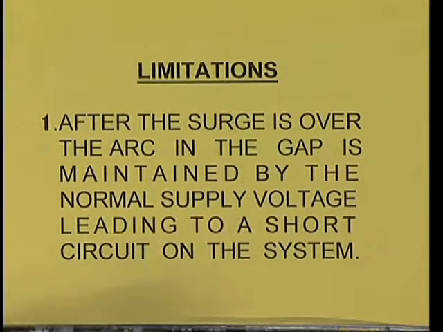That is, once an arc is established between the rods, any minimum voltage is sufficient to maintain the arc. So even under normal supply voltage the arc will be maintained, and due to this a short circuit takes place. This is one limitation of the rod gap arrestor.